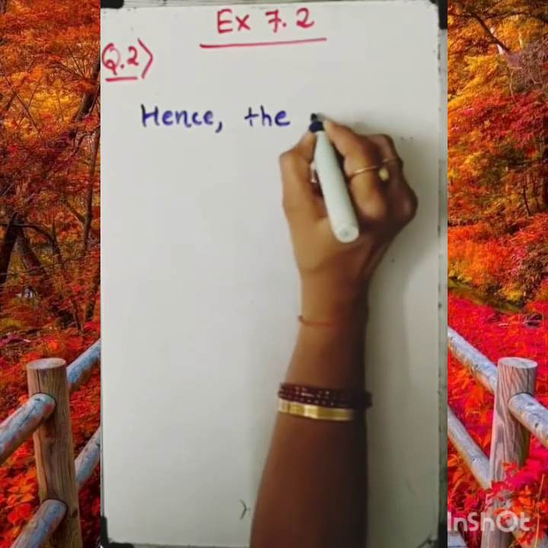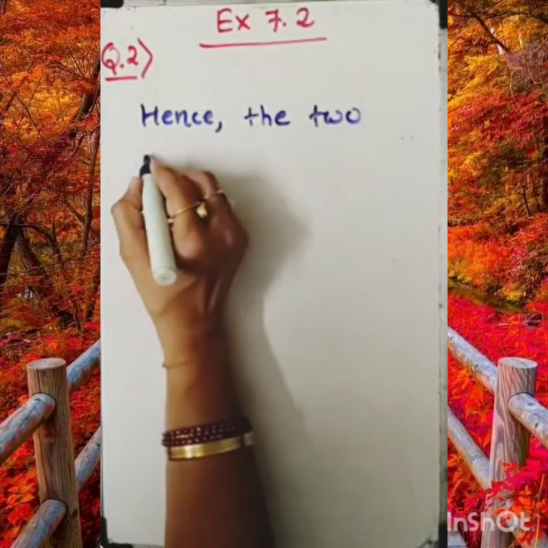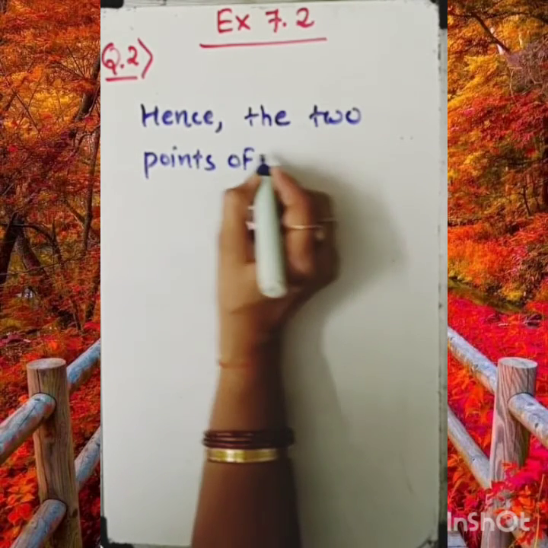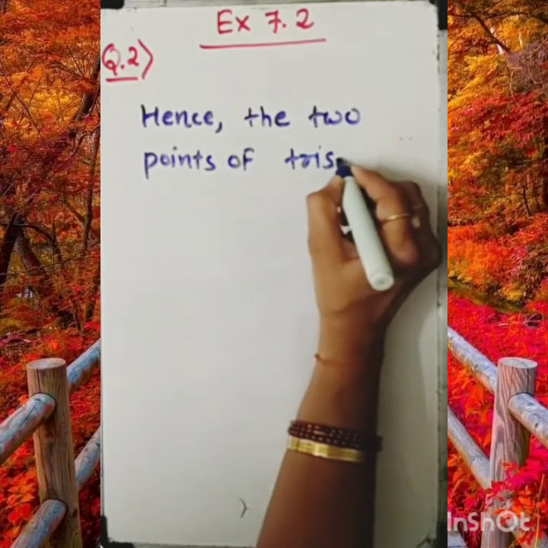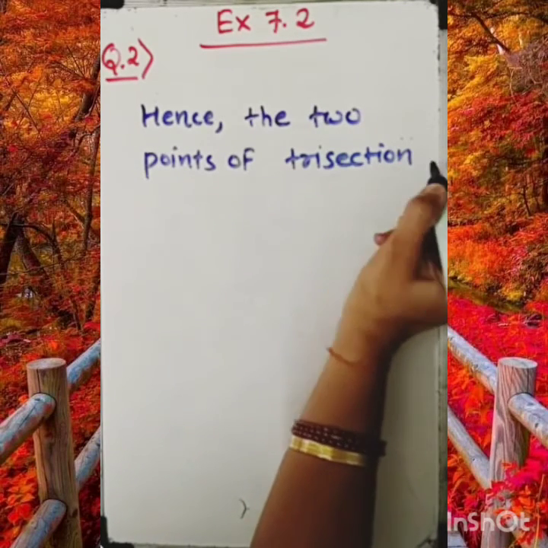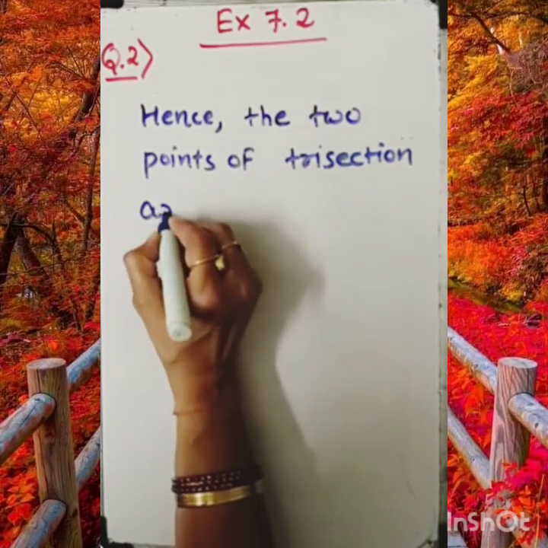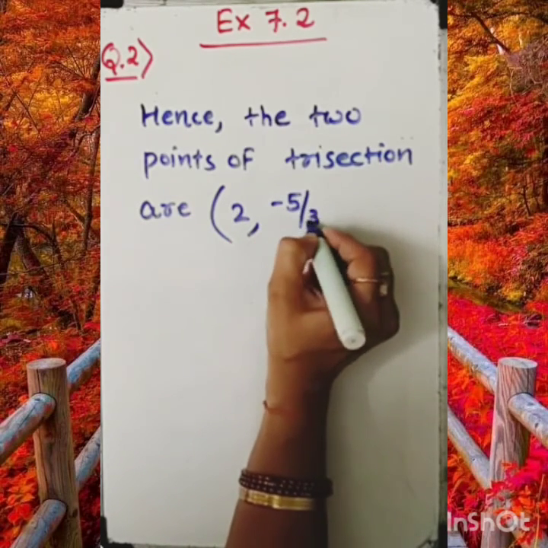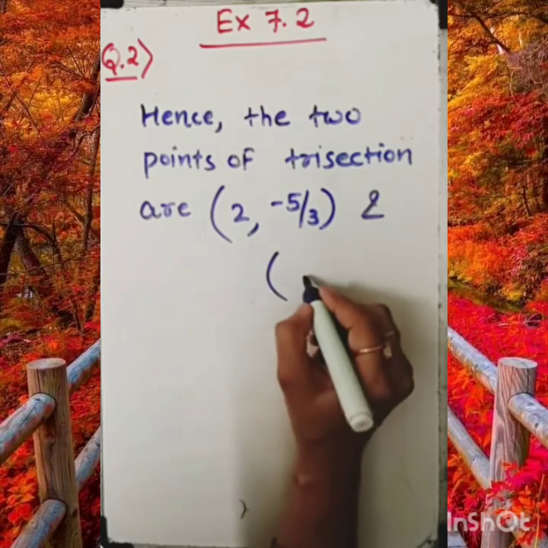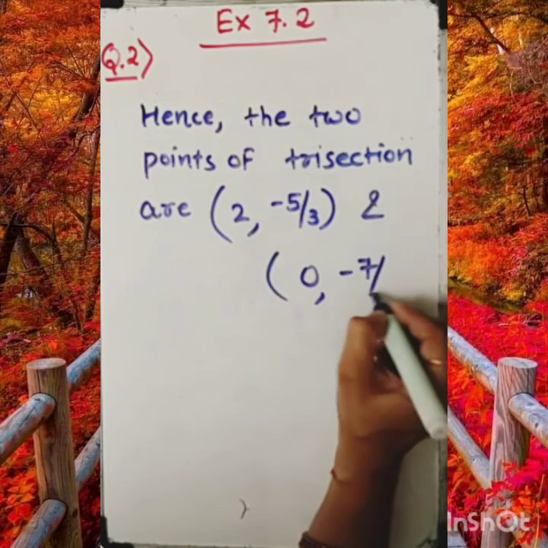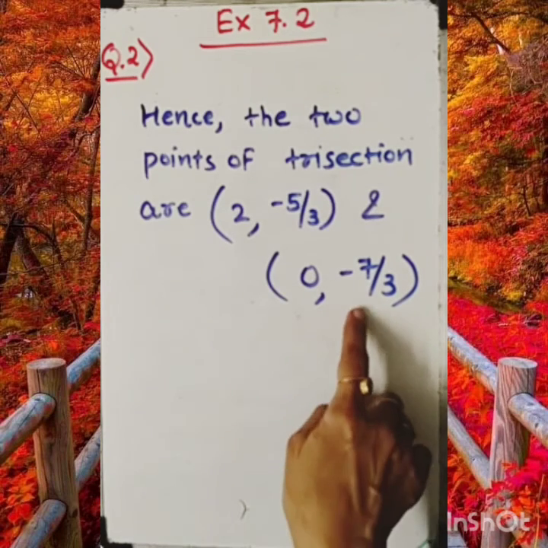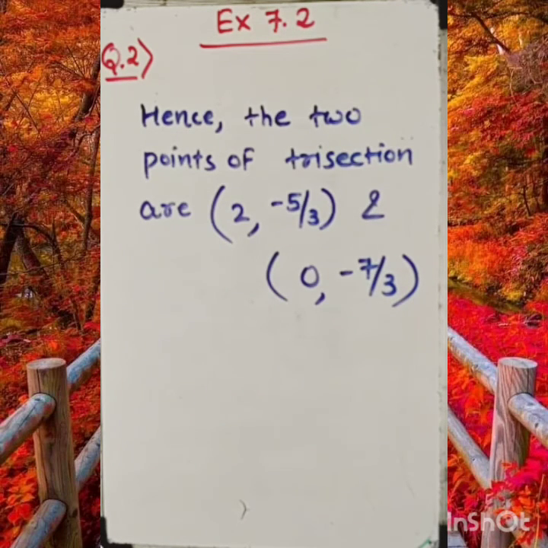Hence, the 2 points of trisection are: the first point, 2 comma minus 5 by 3, and the second point, which we have found, 0 comma minus 7 by 3, that is for Q. So this is the complete solution of question number 2. I hope you found it easy.